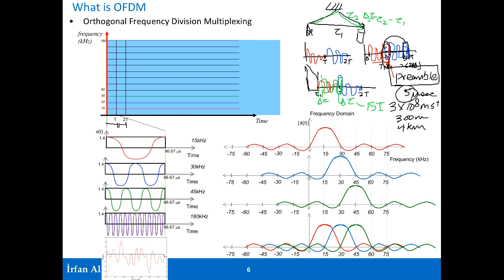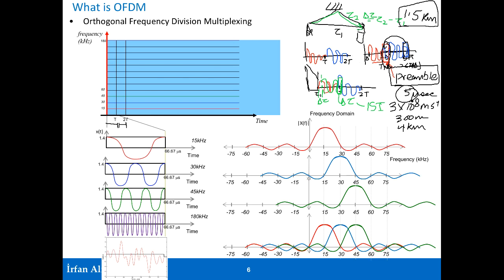So with this 5 microsecond delay, your reflected wave can have a path difference of 1.5 kilometers compared to your main path, which is fairly significant and allows you to avoid intersymbol interference.